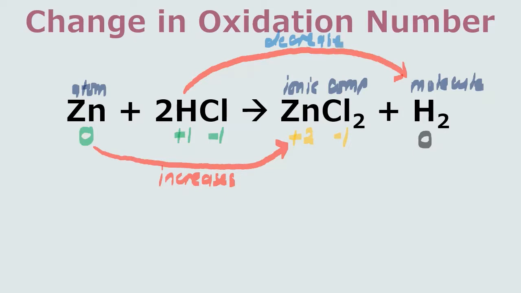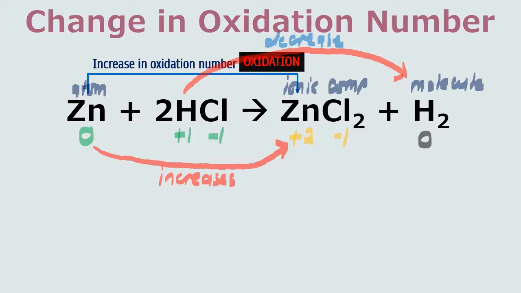So what happens to these two substances, zinc atom and hydrogen ions? When there is an increase in oxidation number, the substance is said to undergo oxidation.